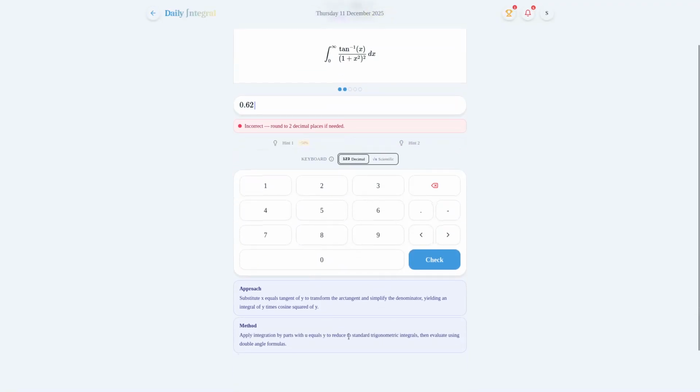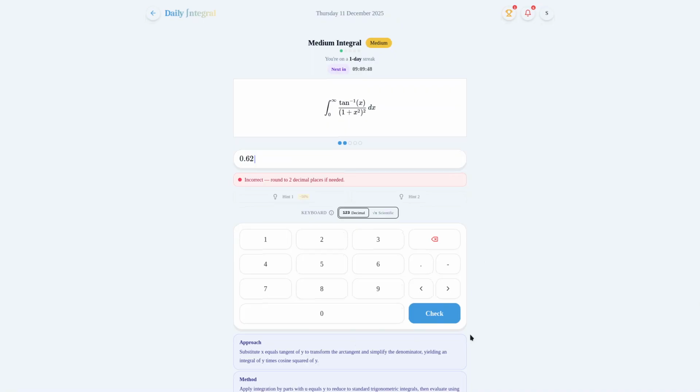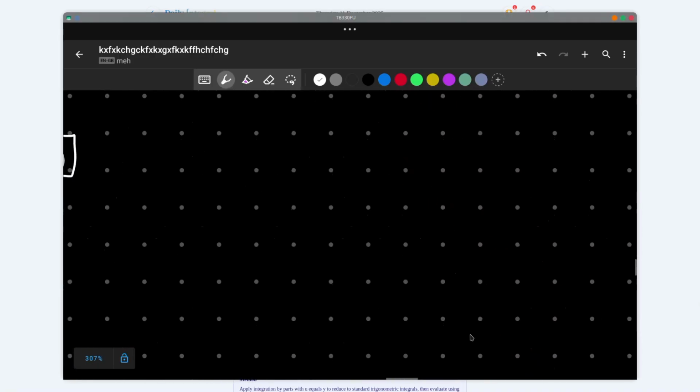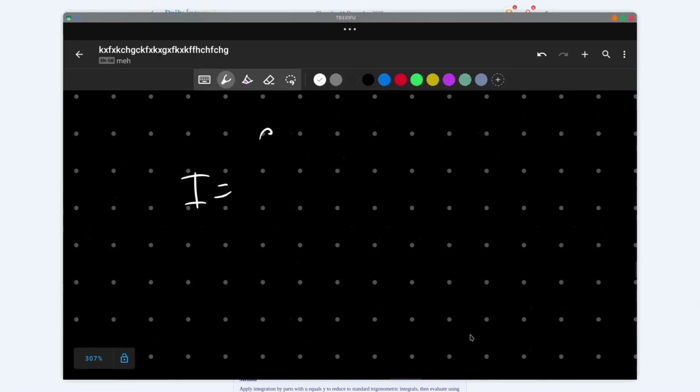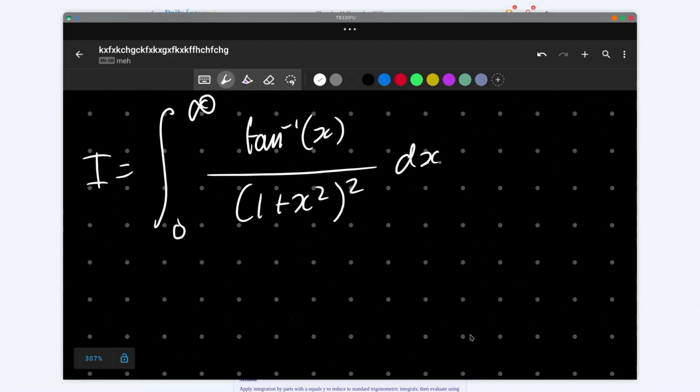The hint says: apply integration by parts to reduce to standard trigonometry and then evaluate using double angle. That's what I did. I did a U sub and then... What's wrong with my U sub then? What did I do wrong? I can do it again. By parts.